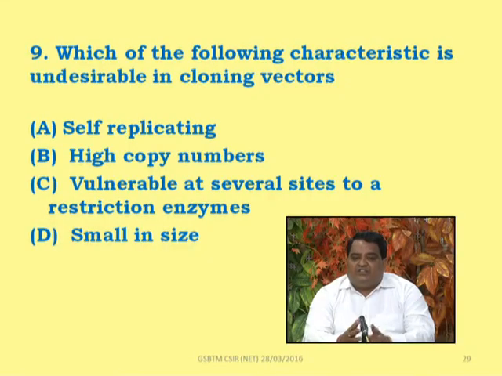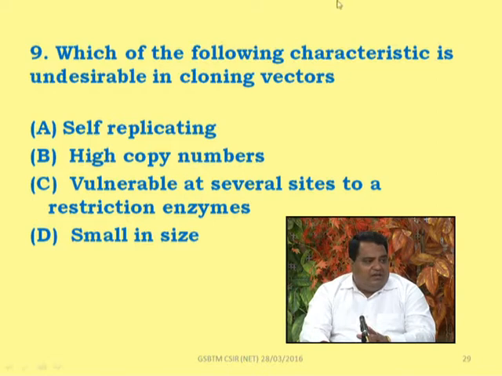It has several restriction sites, but all will be unique. Another one, the vector must have an origin of replication so that it can replicate independently in the host. It has its own origin of replication. Therefore, it can easily replicate independently in the host when transformed. And the third one is it must have selectable marker genes so that recombinant and non-recombinant clones can be discriminated.